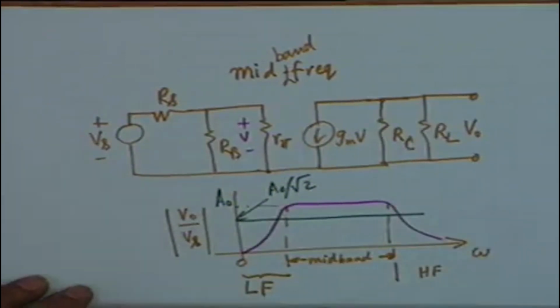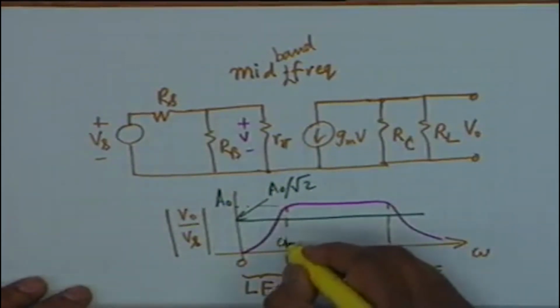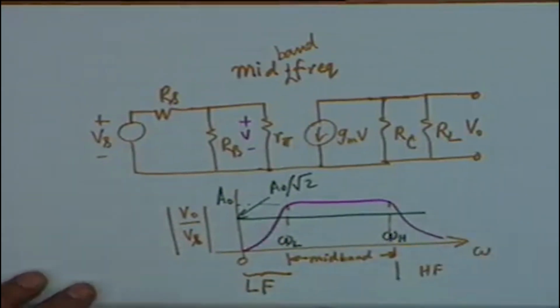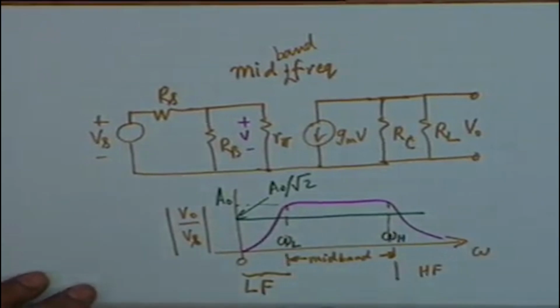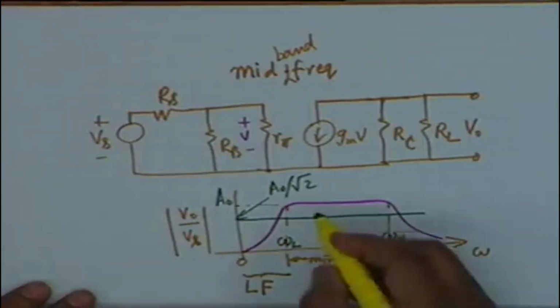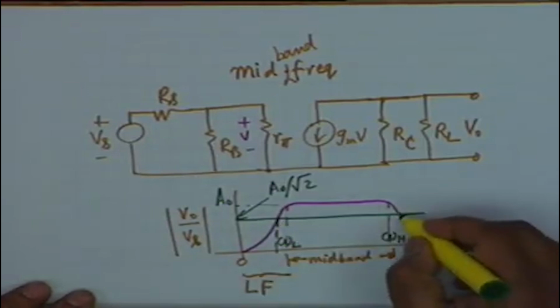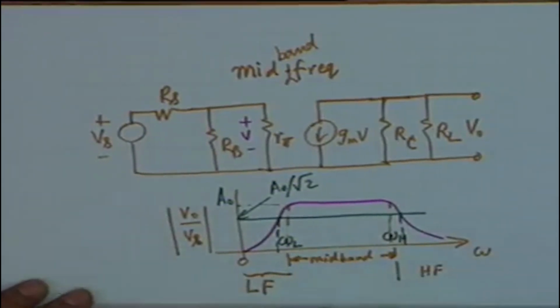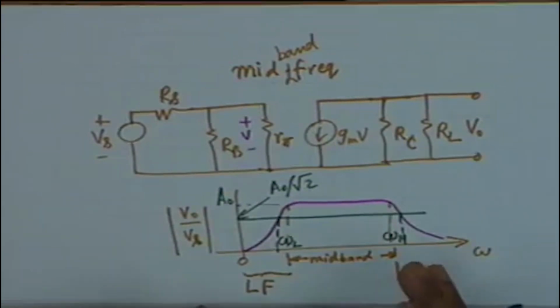We call these omega L and omega H. Omega L is called the low frequency cutoff, and omega H is the high frequency cutoff. That means between omega L and omega H the gain remains within 70.7% of its mid band value.